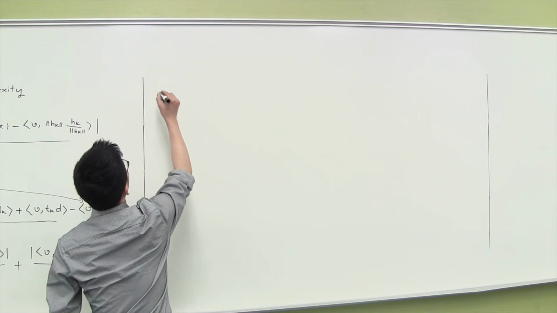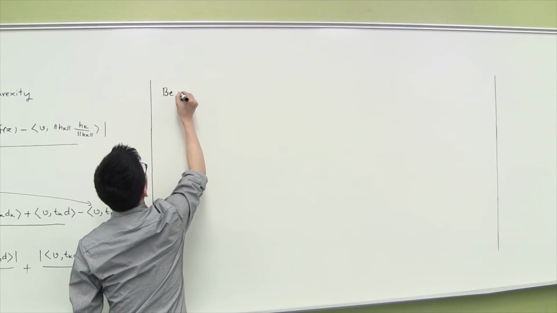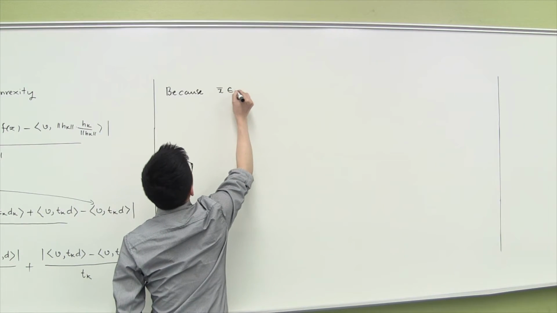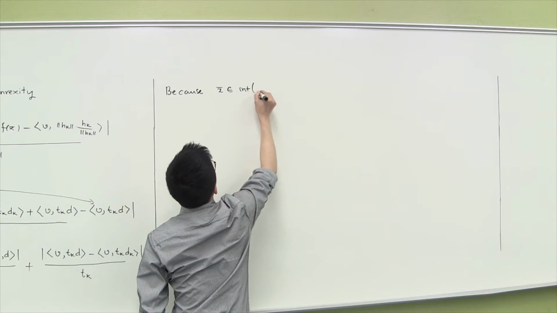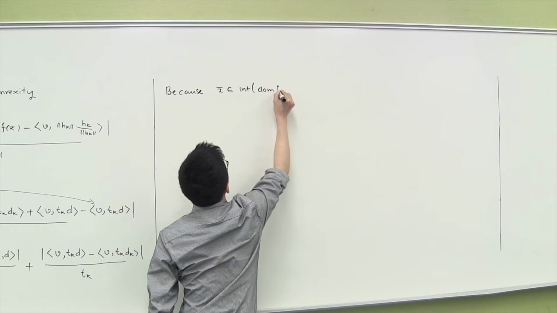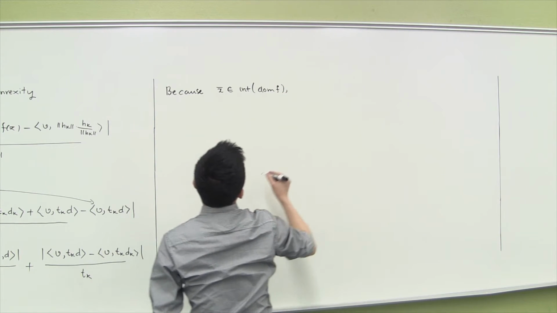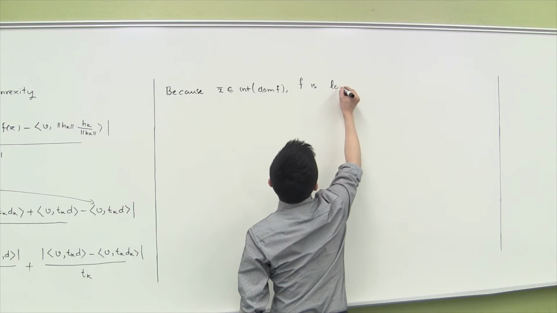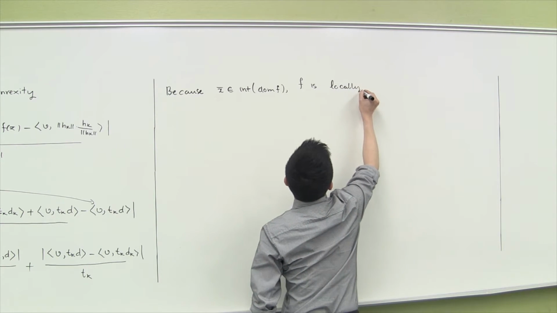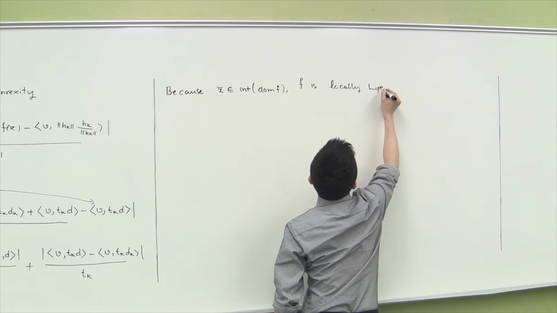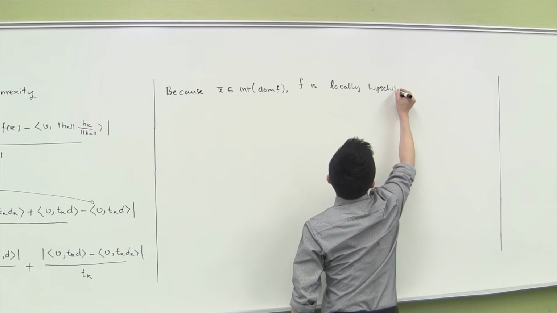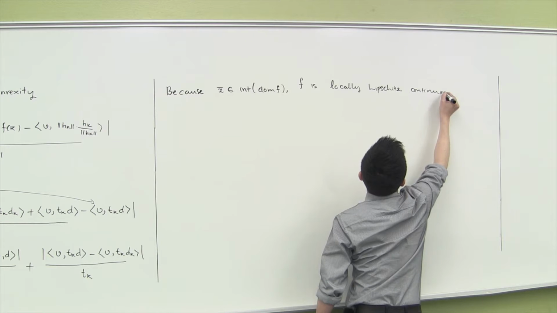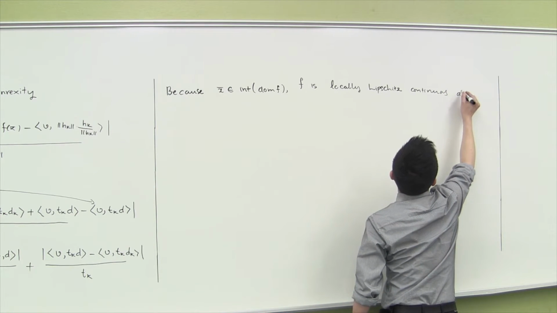So, because x bar is in the interior of the domain of the function f, f is locally Lipschitz continuous at x bar.